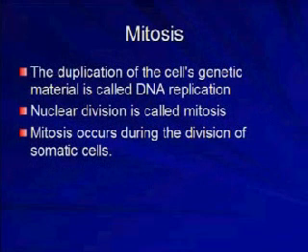Now, the process referred to as mitosis. This is a duplication of the cell's genetic material, again called DNA replication. Nuclear division is called mitosis. Mitosis occurs during the division of somatic cells, and it's important to understand the difference.